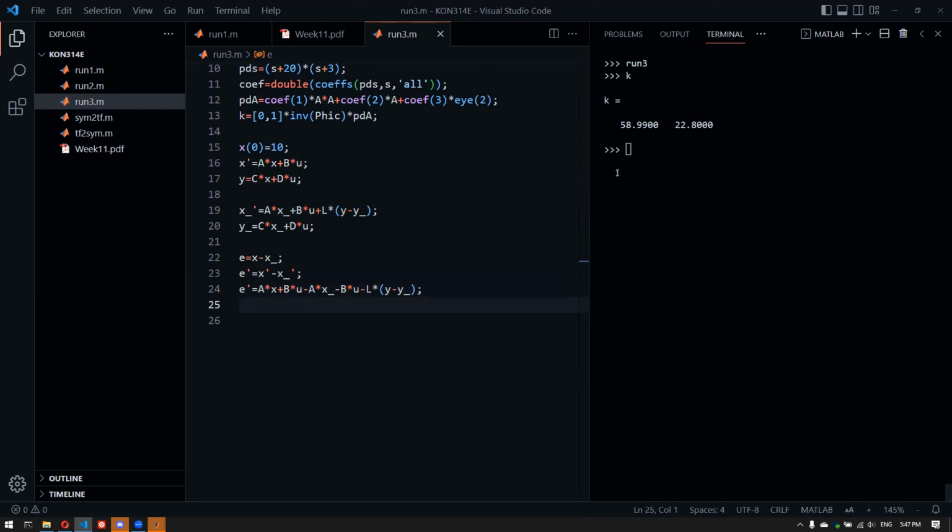Now this might seem silly, but the end result is interesting. We defined an error, we defined the derivative of it, and we're looking at the derivative terms. And luckily, the inputs vanish because they are the same. These don't contribute to the dynamic error here because they are the same. So then we end up seeing y. We can substitute y equals cx plus du.